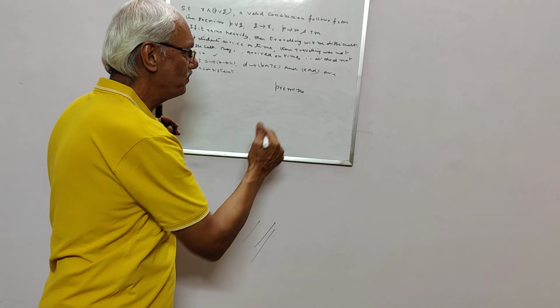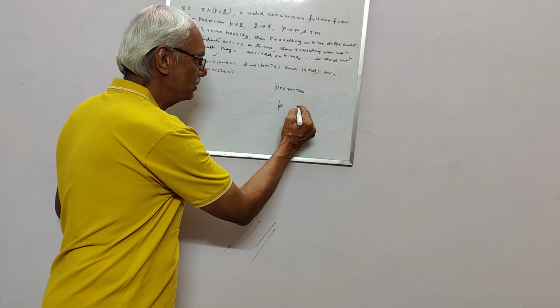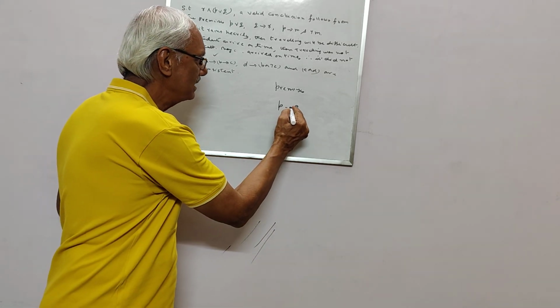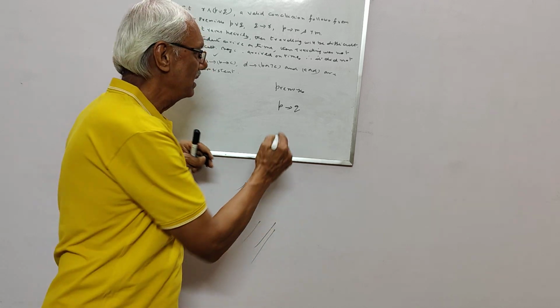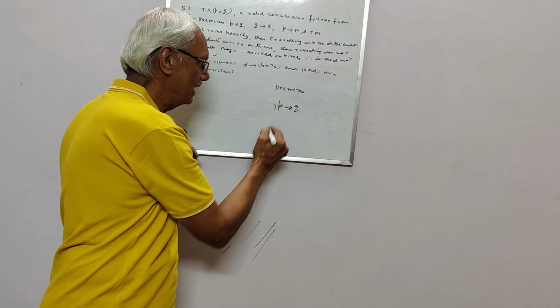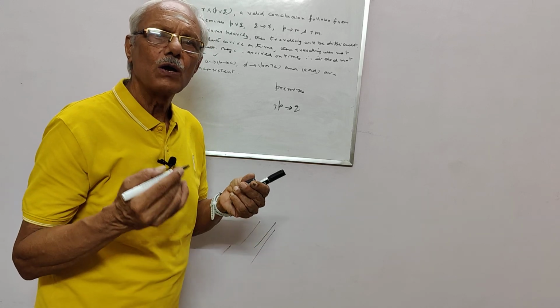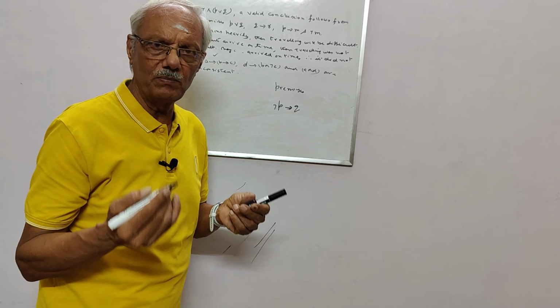That means if P is an atomic proposition and Q is another atomic proposition, then P implies Q, or negation P implies Q, these are all called compound propositions or premises.